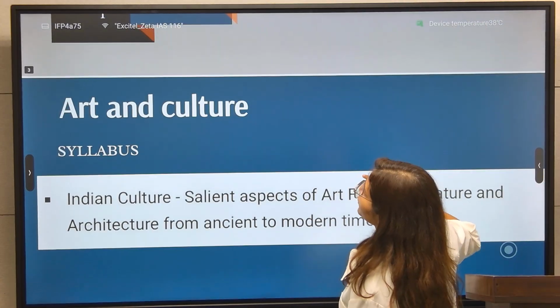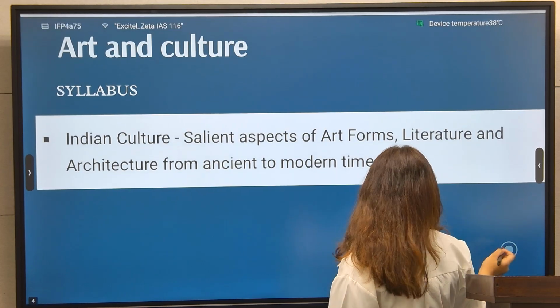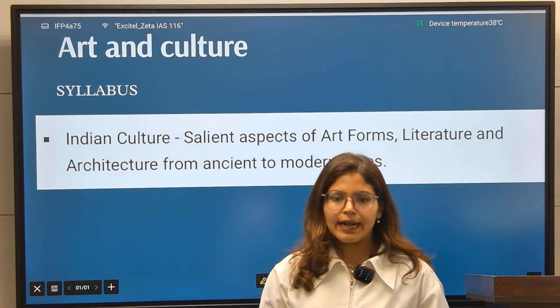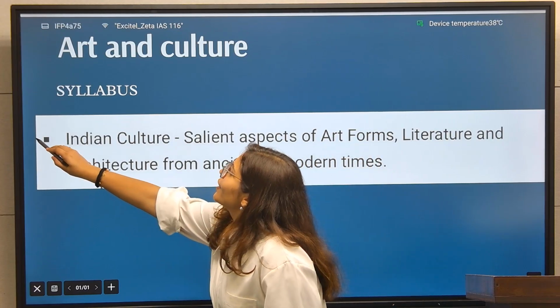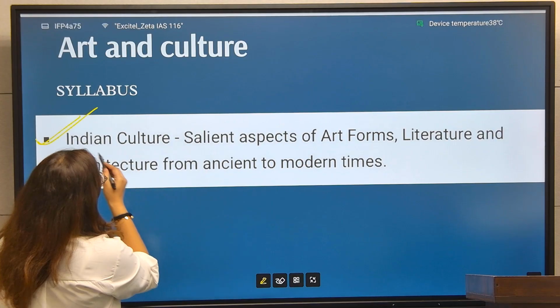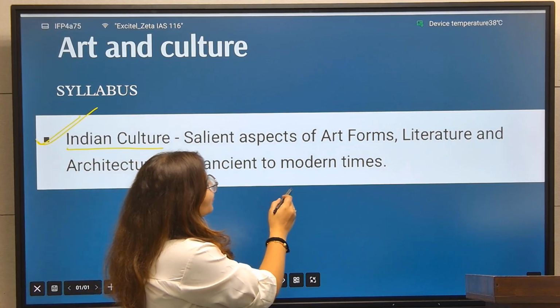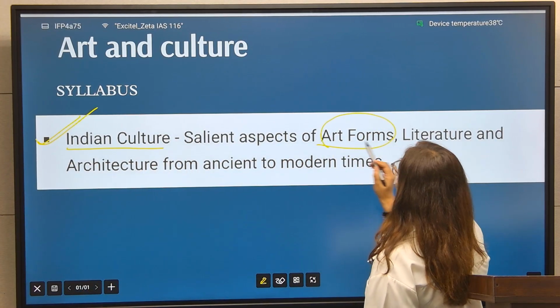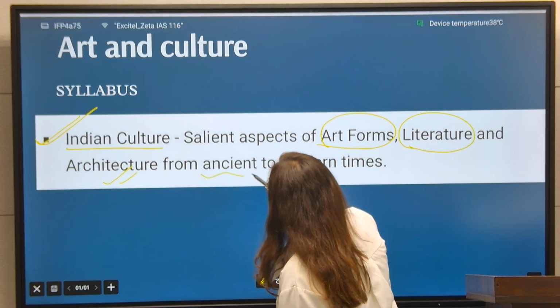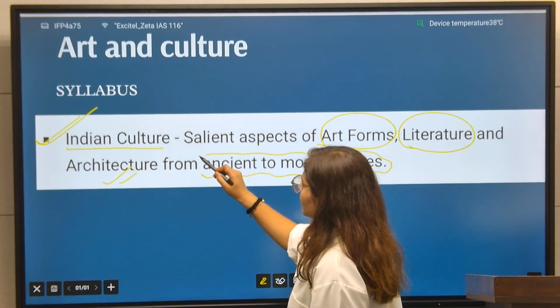Now art and culture. If we see the UPSC syllabus for art and culture, UPSC gave a one-liner syllabus. What does it say? Indian culture, social aspect of art form, literature and architecture from ancient to modern times.